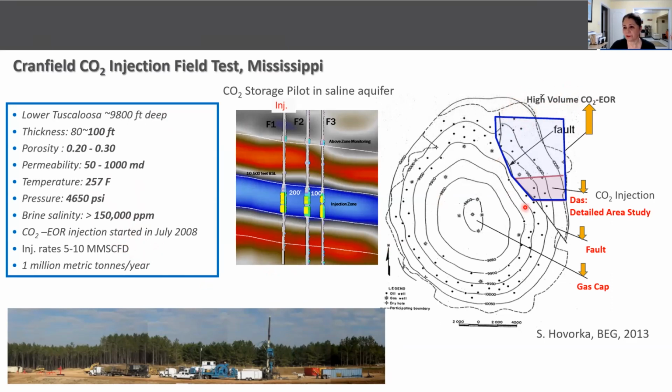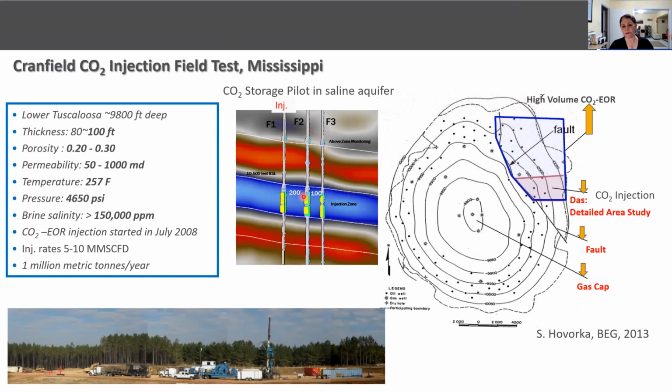So this is where the CO2 EOR high rate injection was going on. And then this smaller area is where they did the CO2 injection into the deeper formation, which is the saline aquifer. One injection well, that's the injection zone, and 2 monitoring wells.